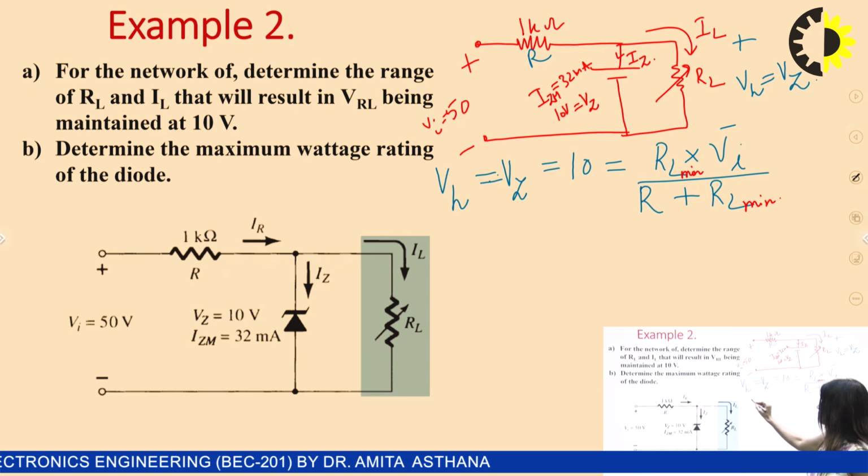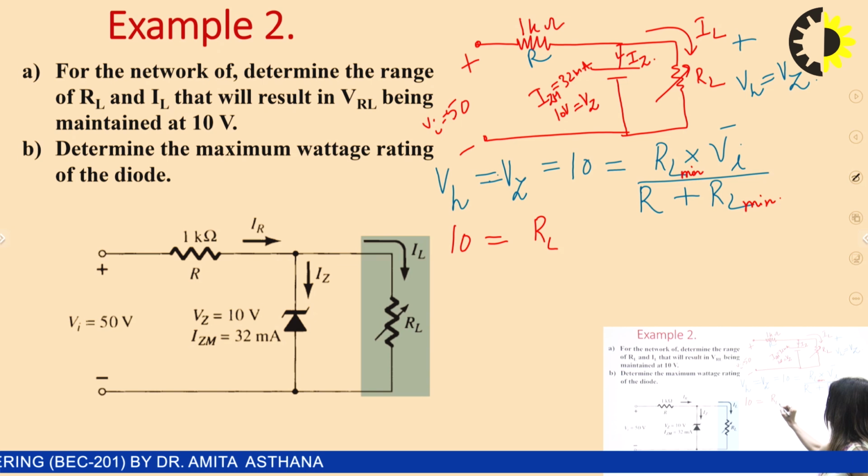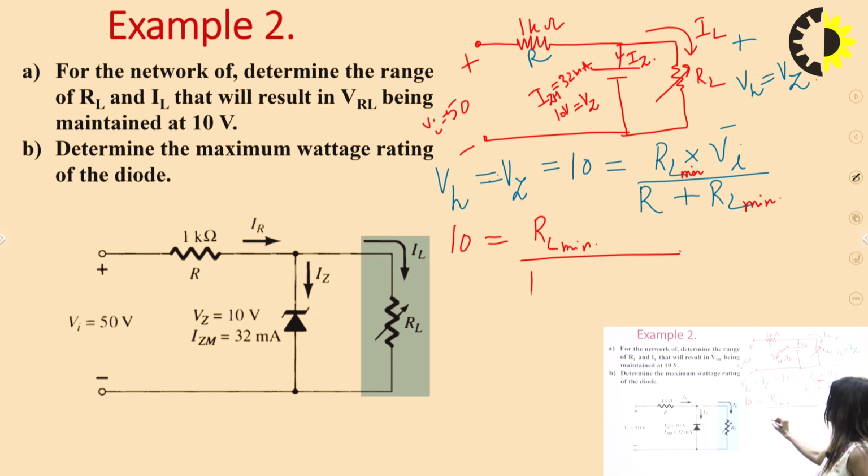Now I will solve. 10 is equal to RL minimum upon R, which is 1 into 10 raised to the power 3 ohm, that is 1 kilo ohm, plus RL minimum, into VI, which is 50 volts.